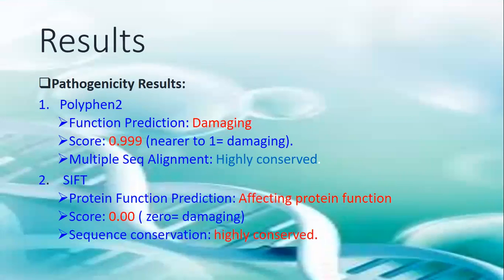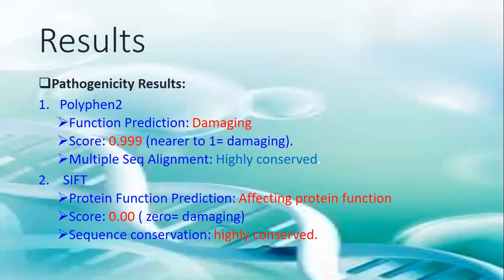So, the results. Pathogenicity result: first of all, we input the sequence into PolyPhen-2 with the position of the mutation, the current mutation, the old amino acid, and the new amino acid.